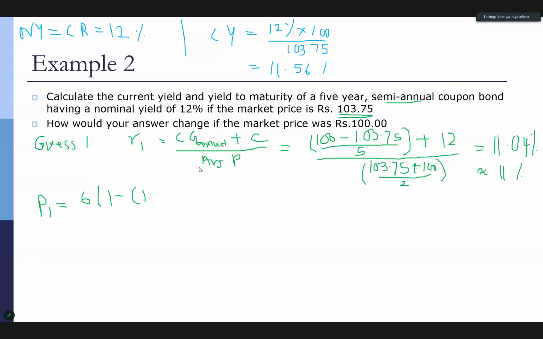If we use 11, R is how much? Yeah, 0.055. Because 11% is for the year.